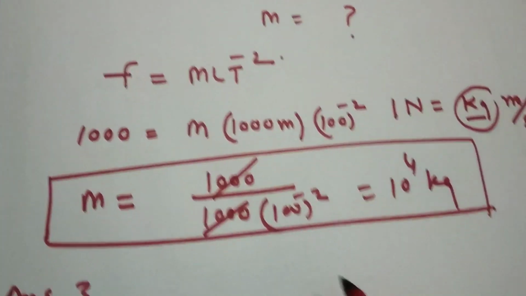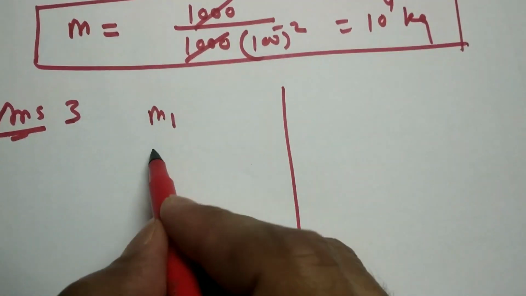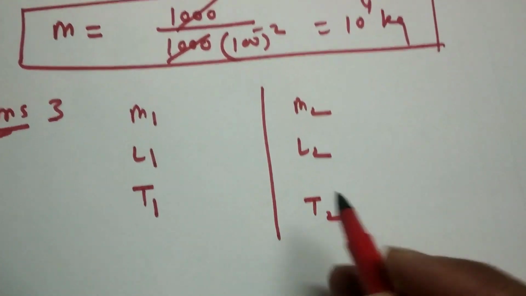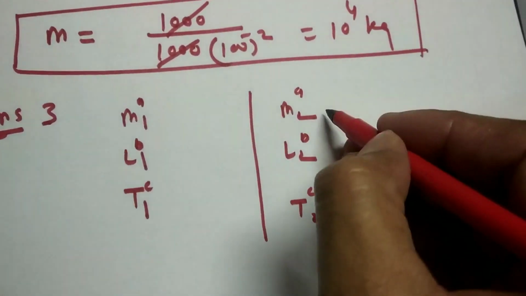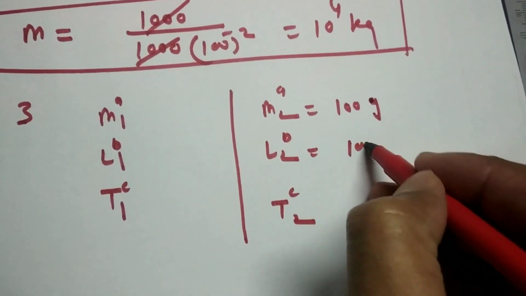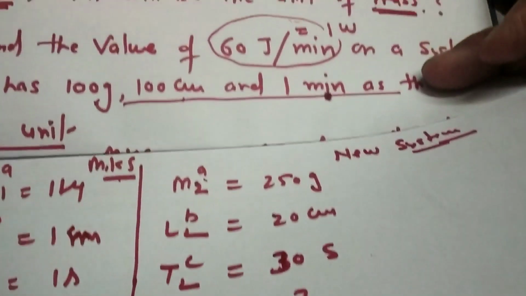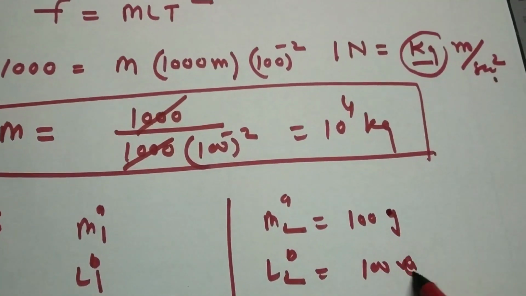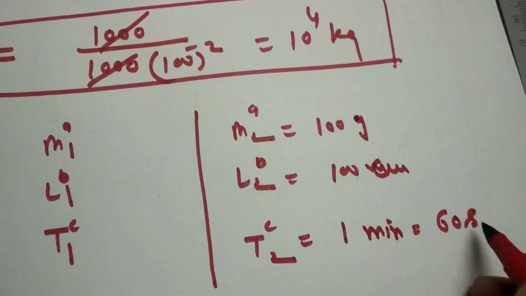Divide into two parts: M1, L1, T1 and M2, L2, T2, with dimensions a, b and c. In the new system you are given 100 gram, 100 centimeter and 1 minute. 1 minute means 60 seconds.